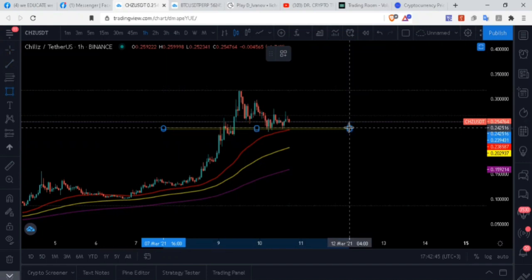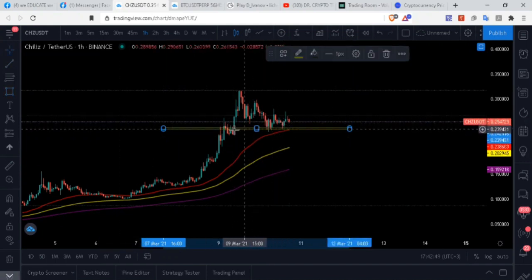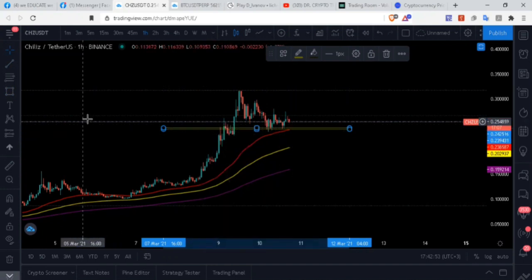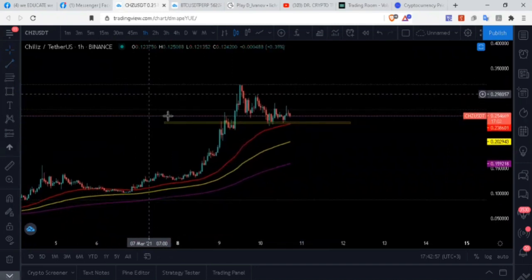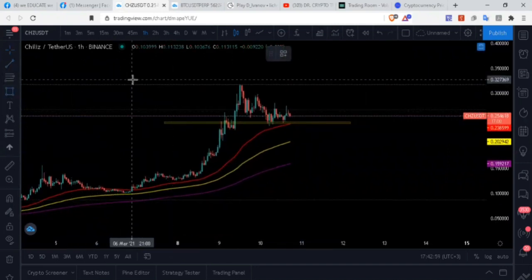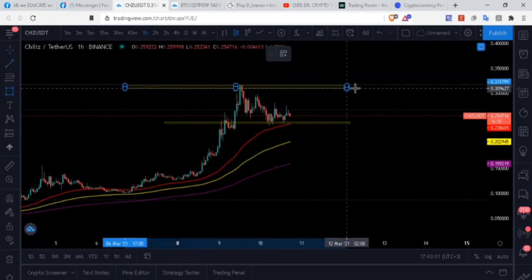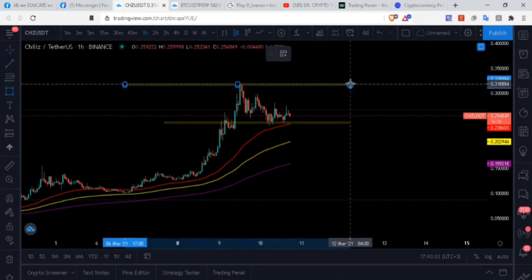This is a support. How many touches? 1, 2, 3, 3 touches. Previous resistance became support. Now it's the resistance. Resistance area here.